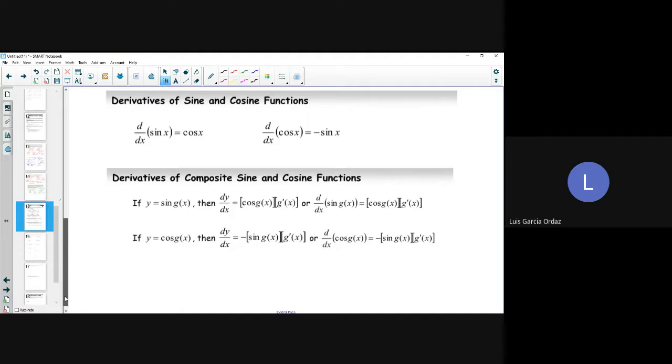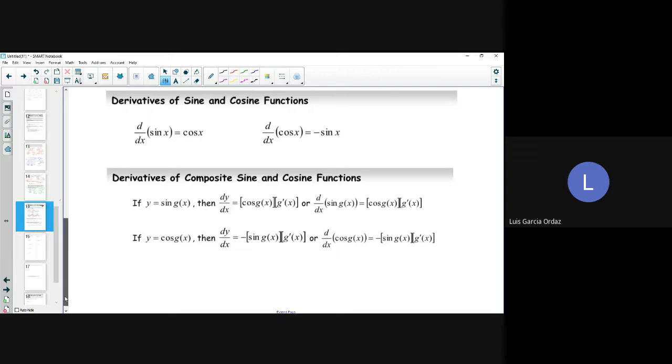So the derivatives of composite sine and cosine functions: this is if you have another function attached to sine and cosine. If we have something like y is equal to sine of g of x, then the derivative is cosine g of x, which is the derivative of sine, and then you have to multiply it by the derivative of g of x.